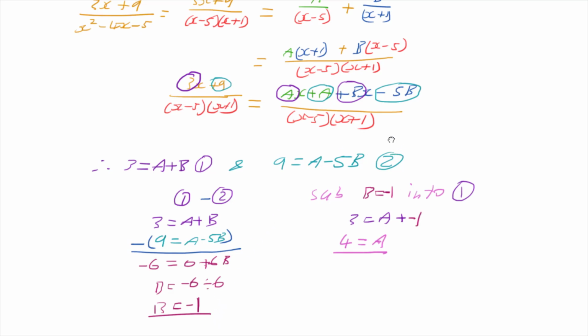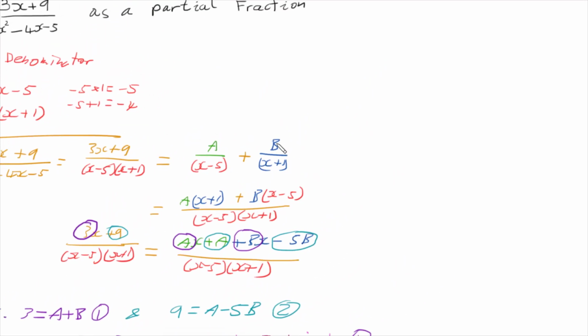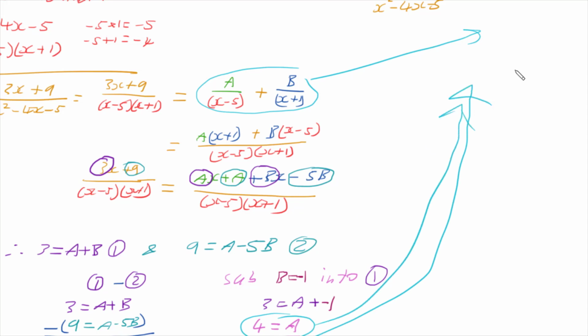So now I can go back up to my original fraction. Okay, we had (3x plus 9) over (x squared minus 4x minus 5) is going to match if we follow this pattern here. So we're going to take this pattern here, and we're going to move it up here and bring up our B and our A and substitute them in up here.